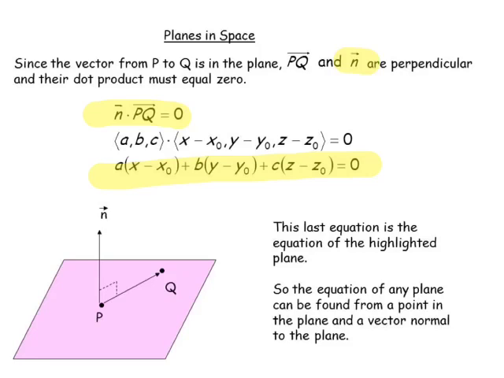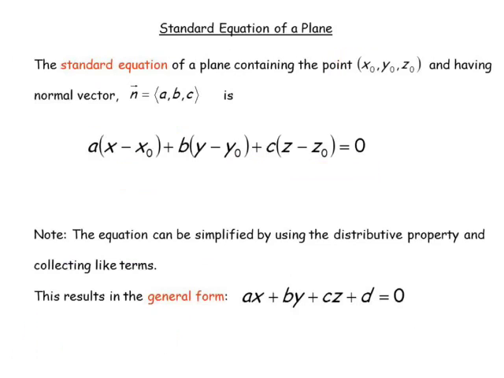We can find the equation of a plane from a point in the plane and the normal vector to the plane. Okay, so here's your standard equation of the plane containing a point and the normal vector.